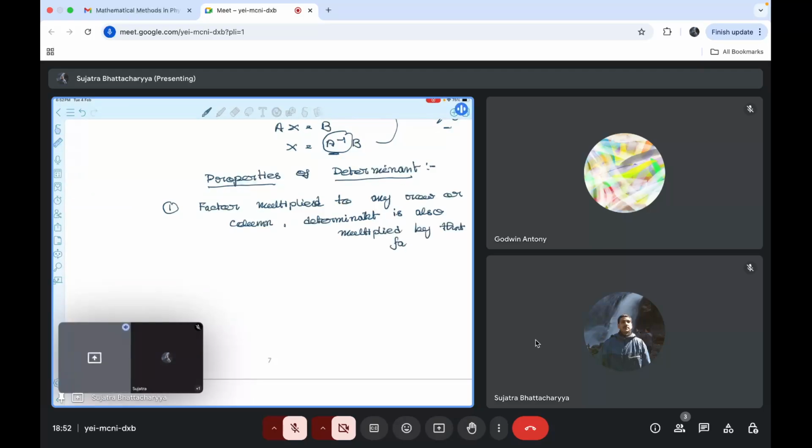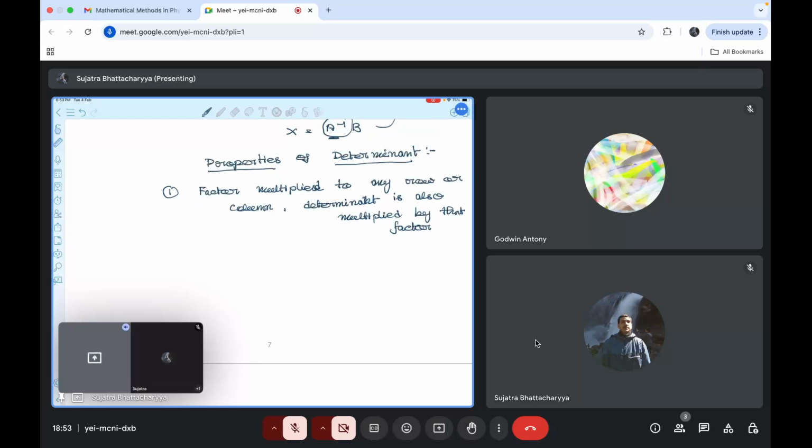So if you multiply any particular row or column with a particular factor, then the determinant will also get multiplied with that factor.